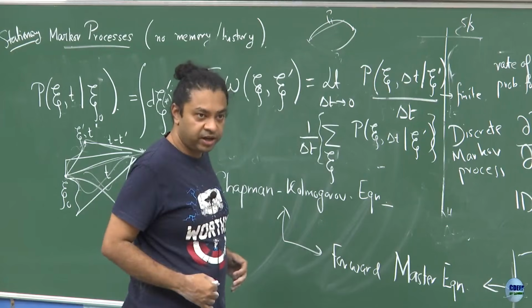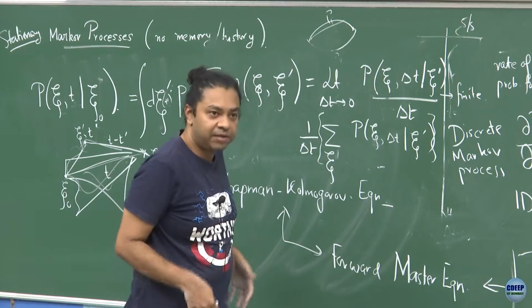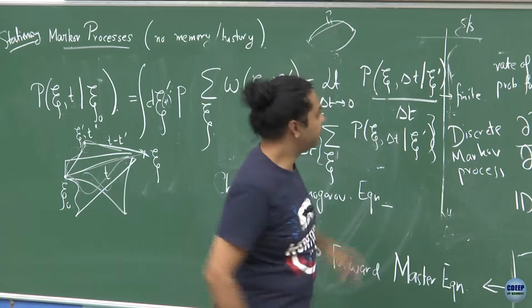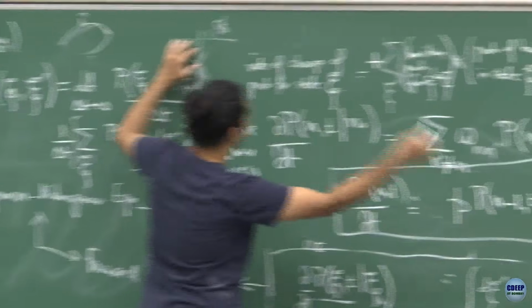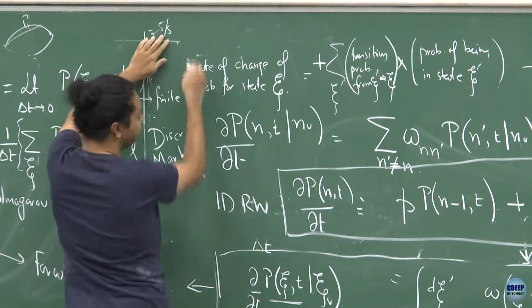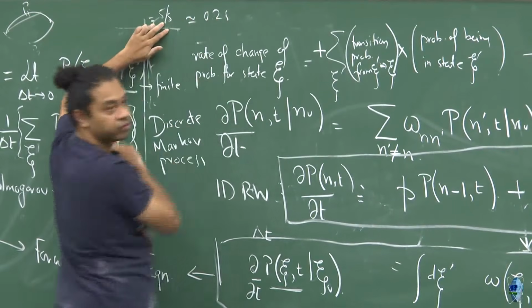So I am at this state, I can escape to here, there. What is the typical time I will stay here before I make an escape to any of these other states? So for example, if these rates were 1, 2 and so on, and they added up to 5 per second, that means that I stay at that state for a typical time of 0.2 seconds.